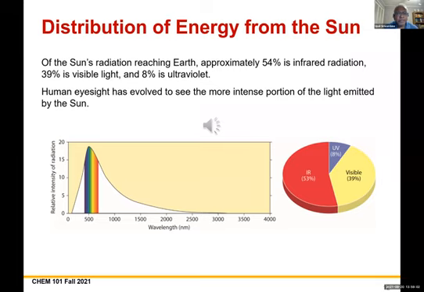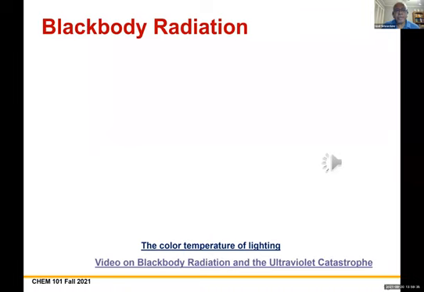There is some ultraviolet above the violet color region and infrared at the longer wavelength values. So mainly infrared 53%, visible 39%, and 8% UV. That's the distribution of the sun's radiation in the form of electromagnetic radiation.